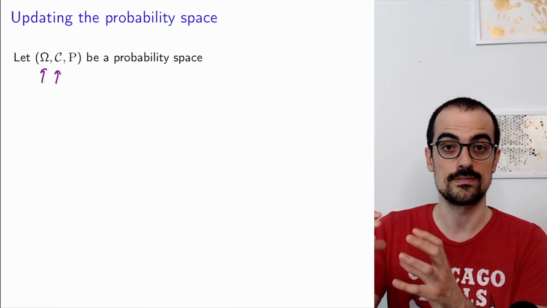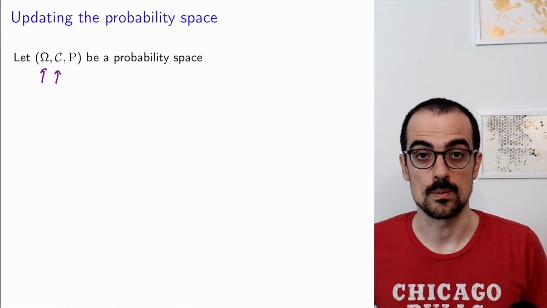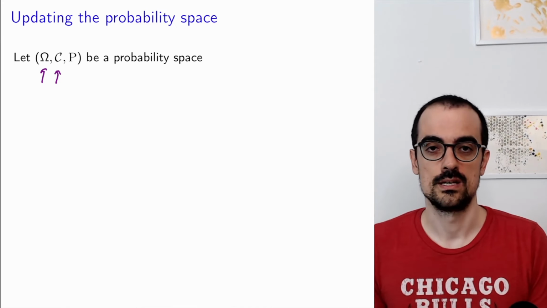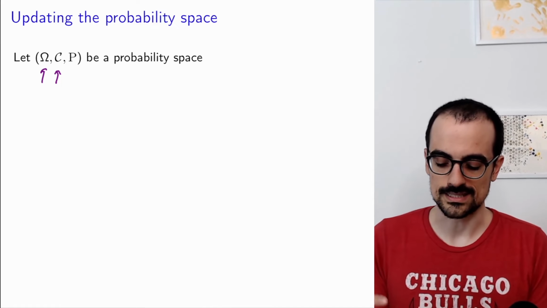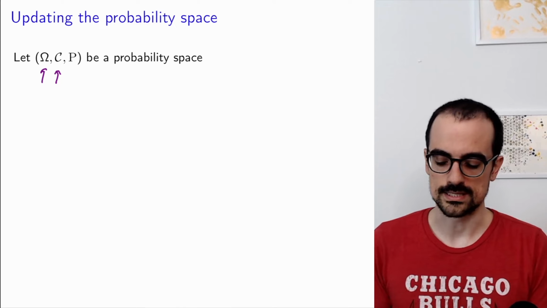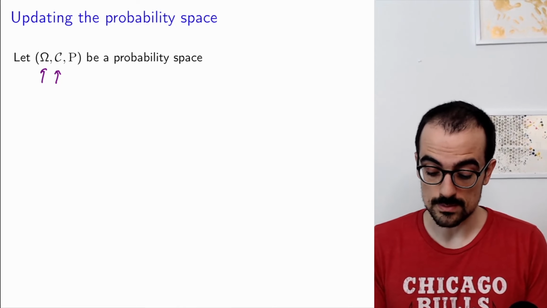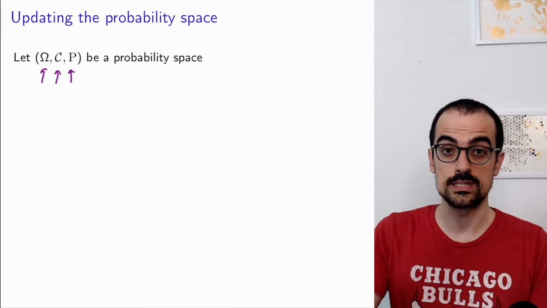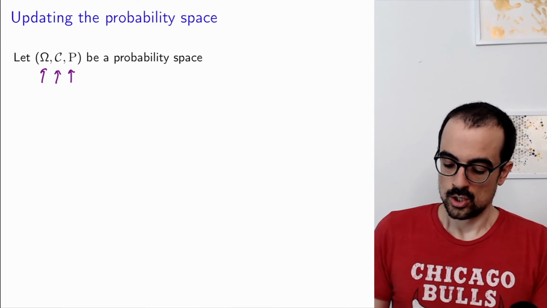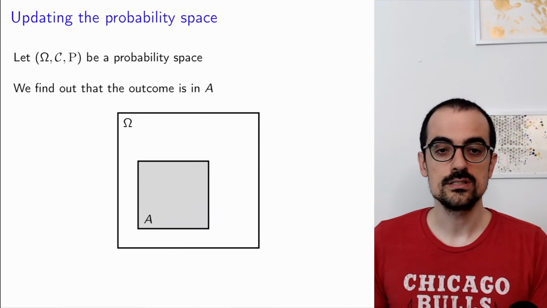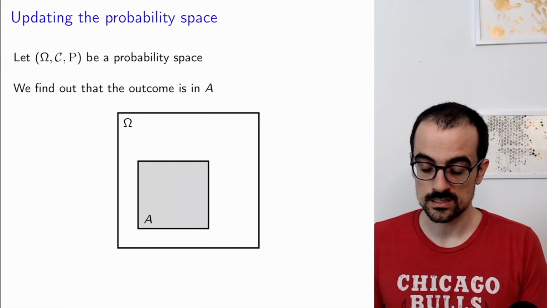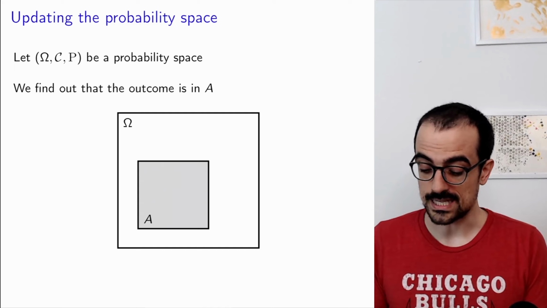Events are sets of outcomes to which we assign probabilities. We only assign probabilities to some events, to some sets of outcomes, and that's what the collection tells us, which events we assign a probability to. And then we have a probability measure that tells us what is the probability of each of the events in the collection.